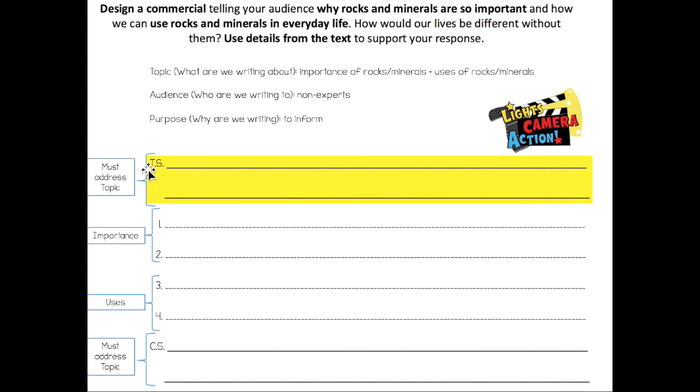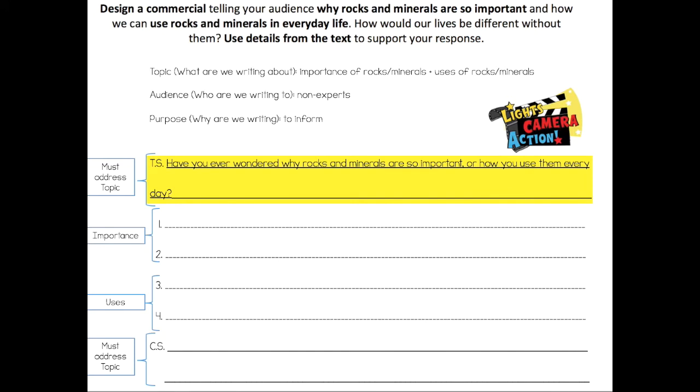For a topic sentence to start something like a commercial, my favorite strategy is to use a question because it gets our reader thinking about what answers to that question might be, which we're going to include in our wonderful details. So one way that we can start this commercial is with this topic sentence.